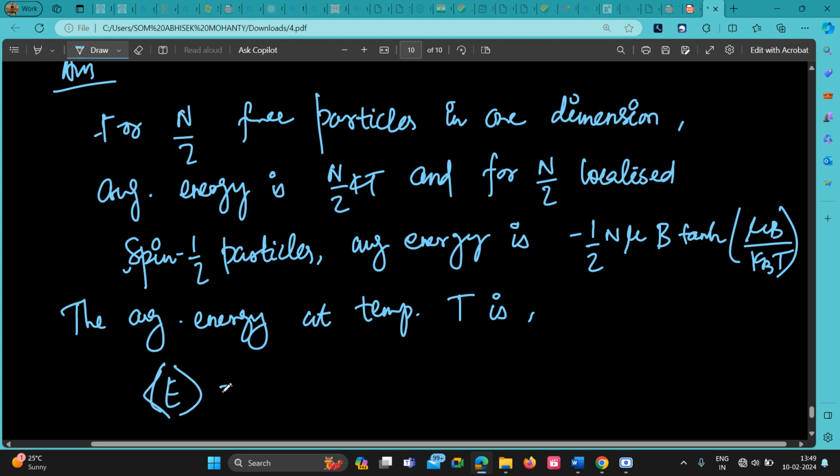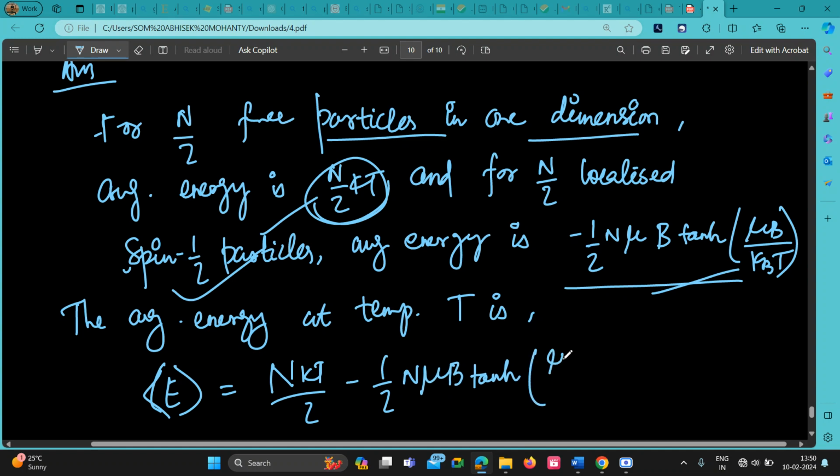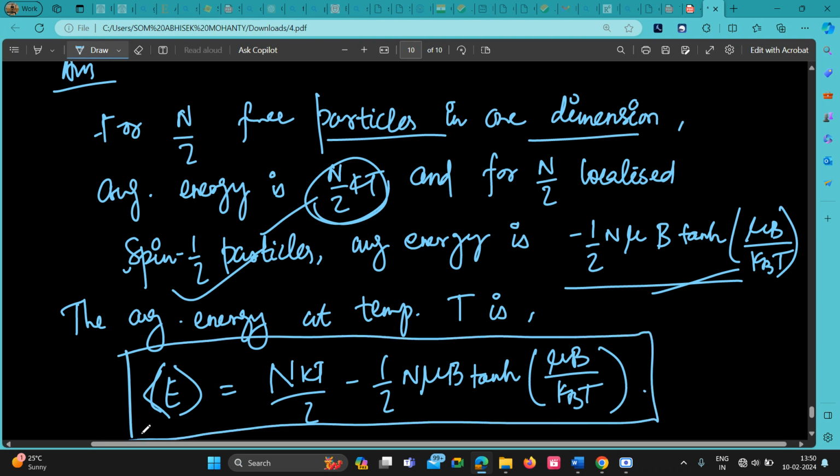This is the average energy for N by 2 localized spin half particles. So at temperature T it would be NkT by 2, that is NkT by 2 for free particles in two dimensions. Now for localized spin half particles, we just add them: minus half N mu B tanh(mu B by kBT). Is that all right? Okay.